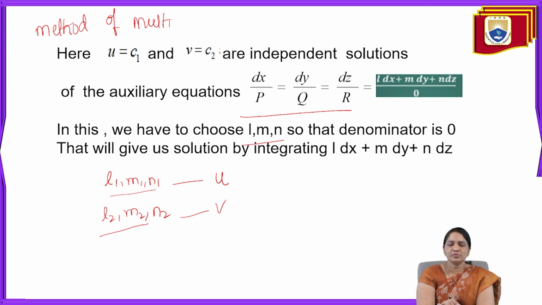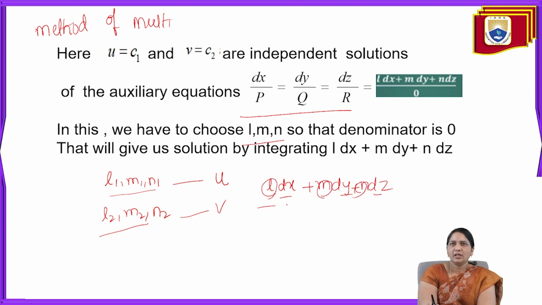How do we choose these multipliers? We observe L into dx plus M into dy plus N into dz. When you multiply dx, dy, dz with the multipliers L, M and N, the denominator should be 0.